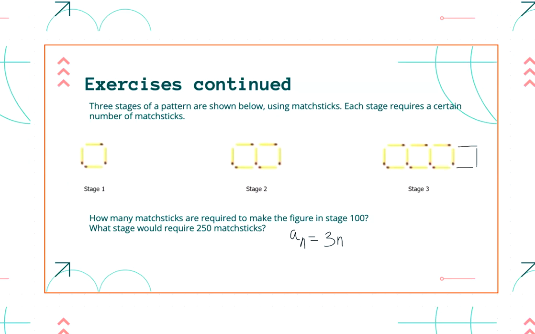Since we know that each time you're adding 3, that means that as n increases by 1, the whole output has to increase by 3, right? So that's why we use 3n. And then we want to add some constant k to better define our sequence. So we know at stage 1, when n equals 1, the total number is going to equal 4, right? So 4 equals 3 plus k, and thus k equals 1.